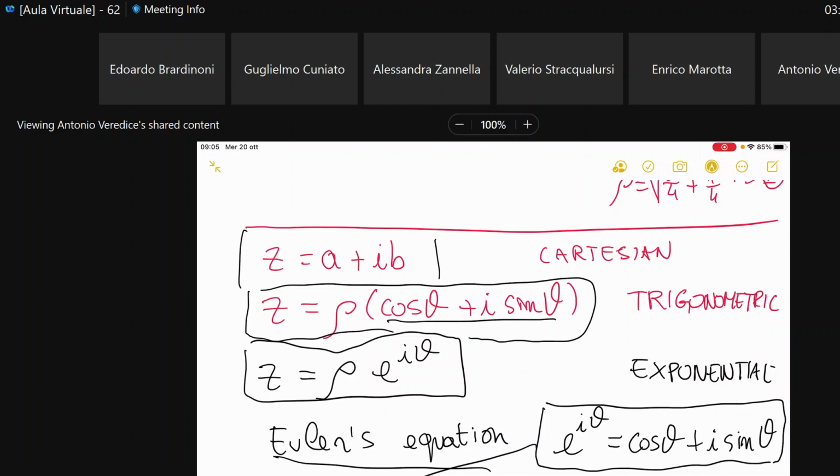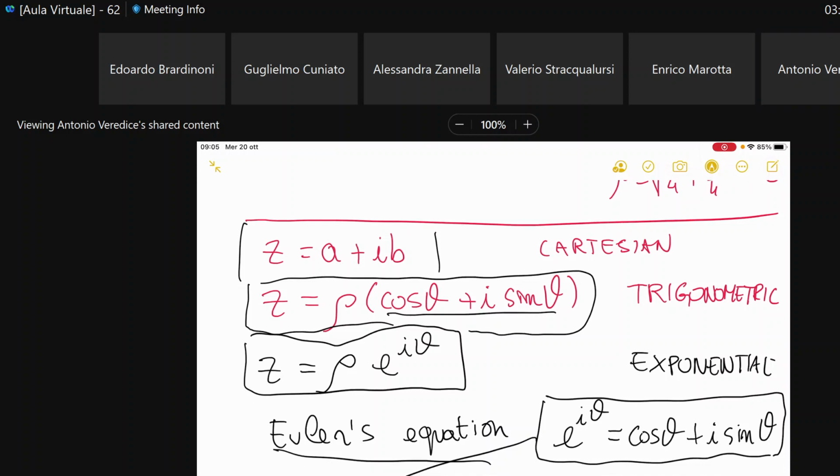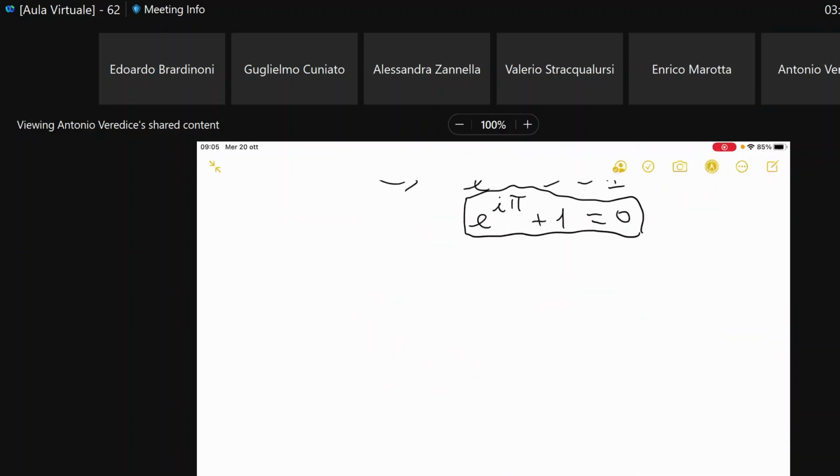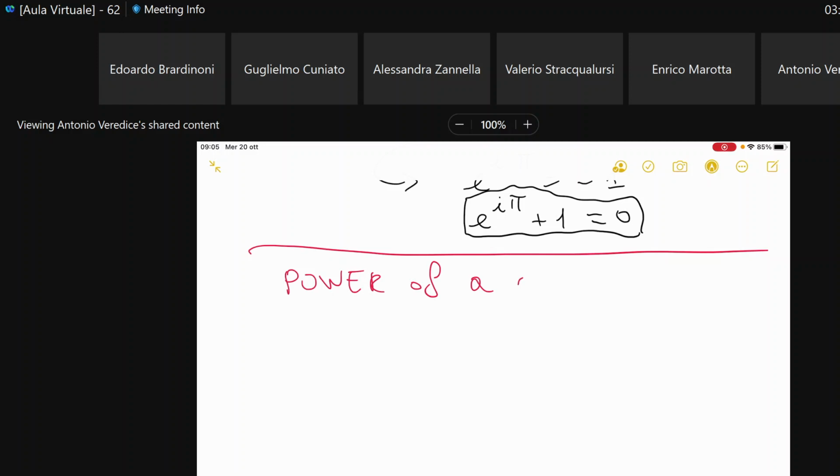The reason why we introduced all these expressions for a complex number is that sometimes it's useful to use the exponential or trigonometric form, for instance when we have to compute the power of a complex number.